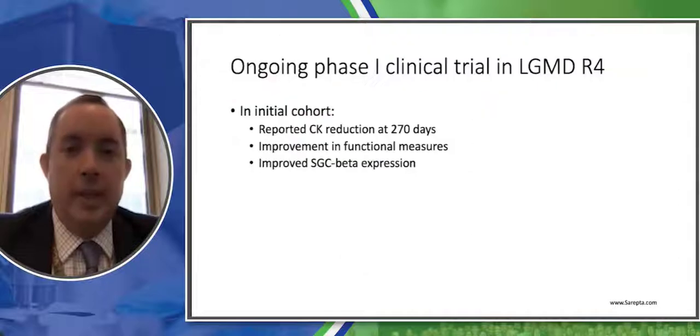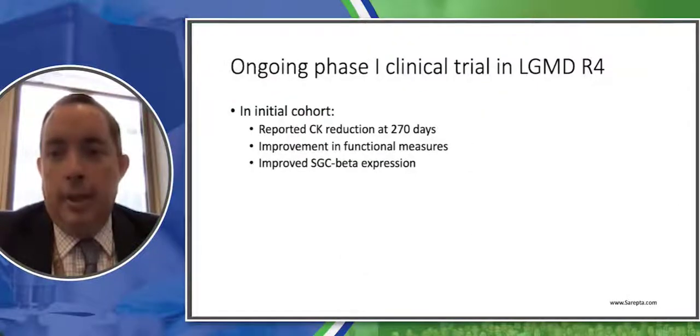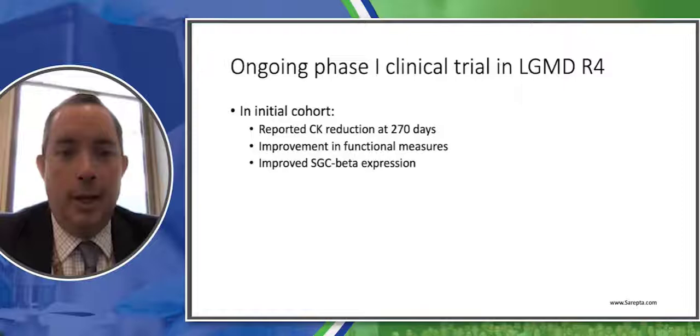Next slide. This is probably one of, if not the most advanced gene replacement program across the limb-girdle muscular dystrophies. This data is taken from the Sarepta website, so you can go to the same website I did and look at it yourself.